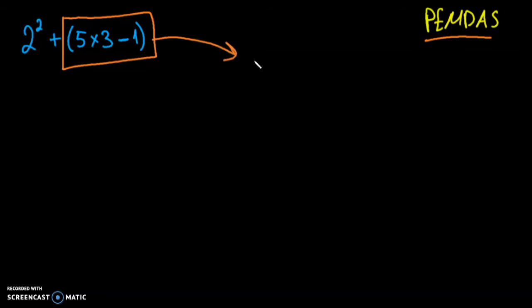So inside the parentheses, we have 5 times 3 minus 1. Now, what should we do first? We look at this. P. Do we have any parentheses here? Nope. Okay. E, which stands for exponents. We don't have any exponents here.